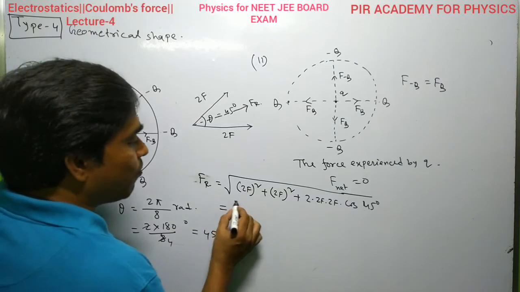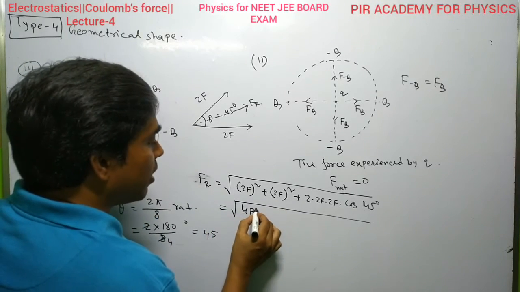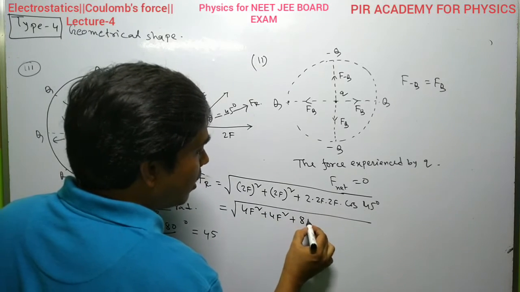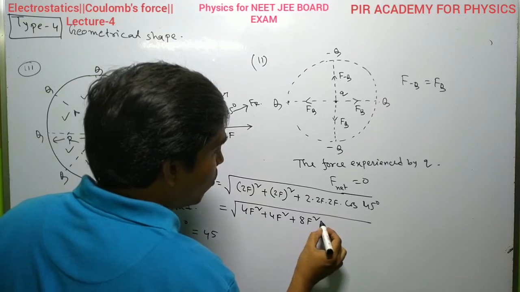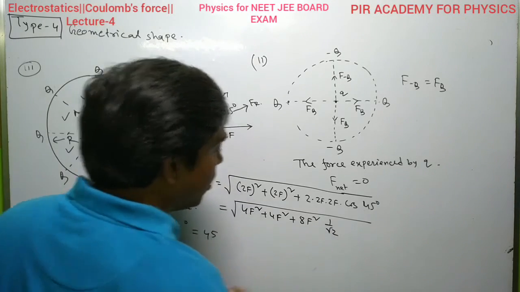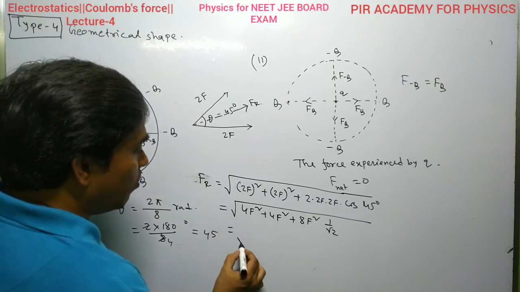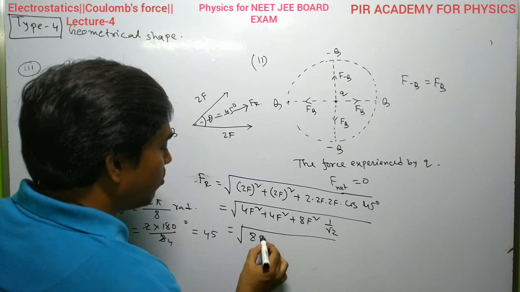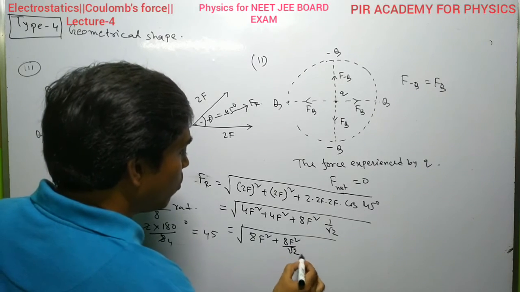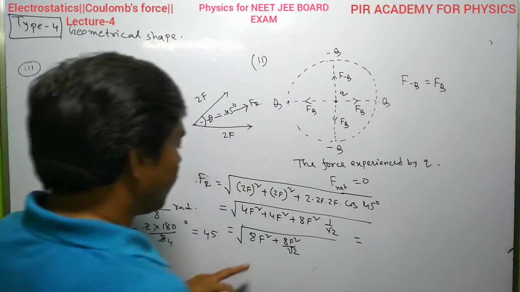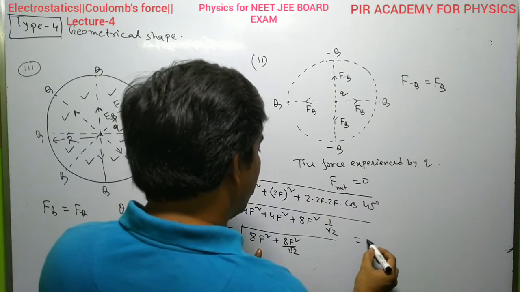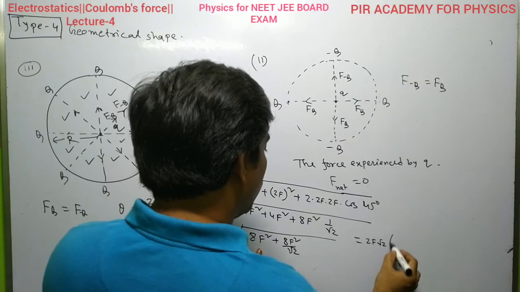So it will be 4F square plus 4F square plus 8F square into cos 45, that means 1 by root 2. So it will be 8F square plus 8F square by root 2, where 8F square is common.